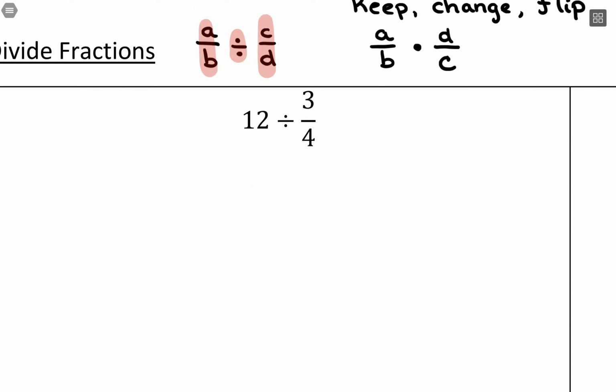So let's try this with this first example. And if it helps, you can write this as 12 over 1 and then divided by 3/4. So what I'm going to do is keep, change, flip. So I'm going to keep the 12 over 1. I'm going to change to multiplication and flip 3/4 so that now it's 4/3.